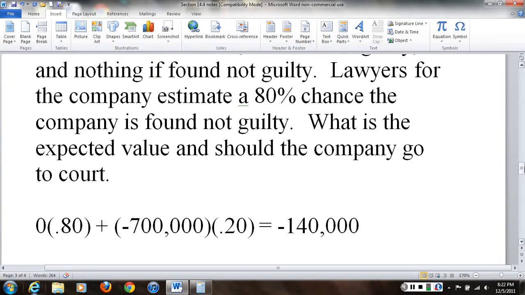But this number just gives us an analysis, something to compare to. On average, like I said, if we would do it 100 times, we'd probably lose $140,000. So again, it's a comparison. It's just information to help us make a decision. But again, our expected value is negative 140,000. Should we go to court? If it were me, I would say the company's best bet is to go to court. The odds are, on average, they lose less than if they were just to settle.